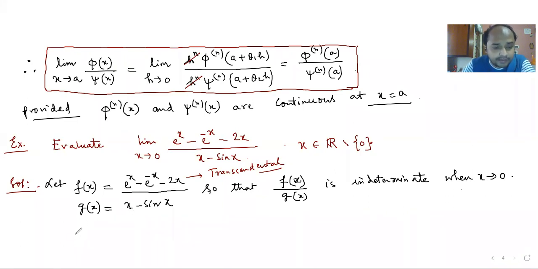So if I do not consider 0, then g dash x is also not equal to 0.